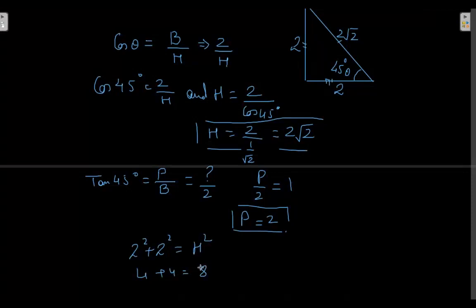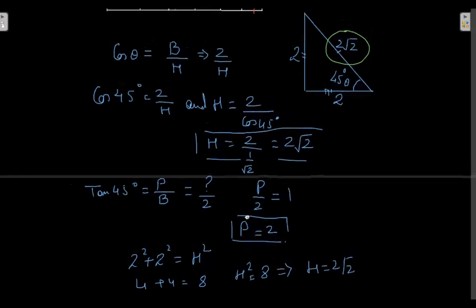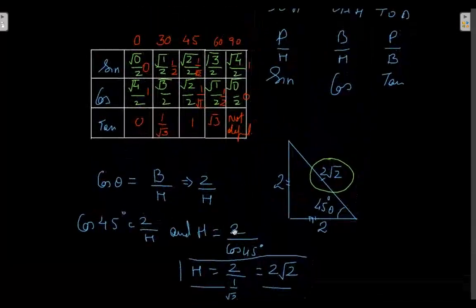When hypotenuse square is equal to 8, this implies hypotenuse is equal to 2 under root 2. And what have we found here? 2 under root 2. So this way, if you are given one of the sides and one of the angles, you can find the rest of the two sides very easily using these trigonometric ratios.